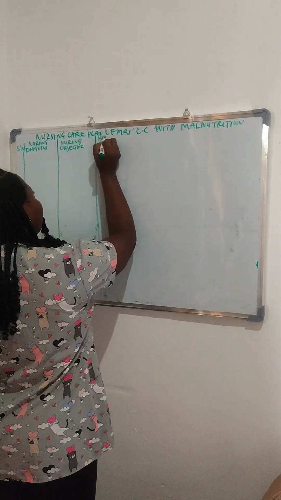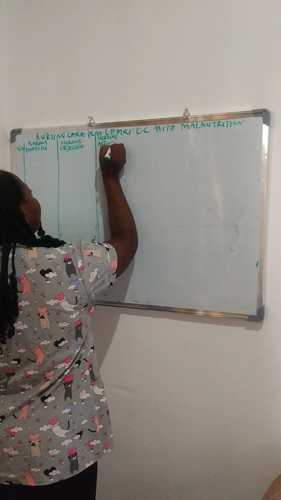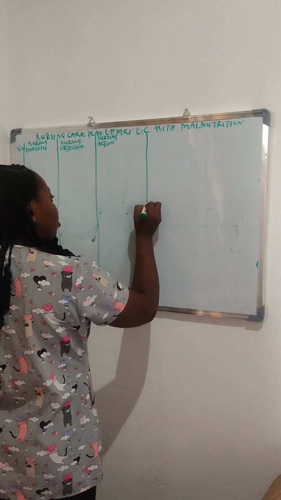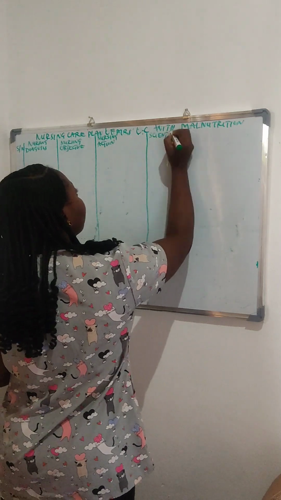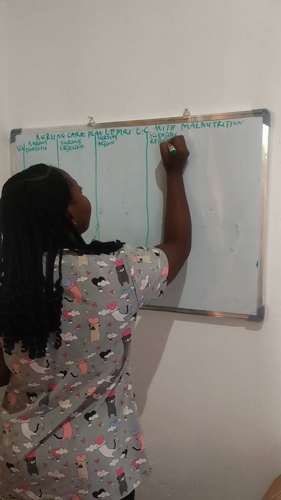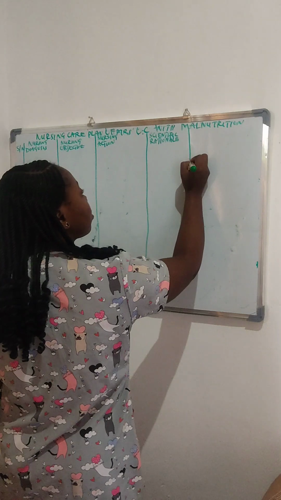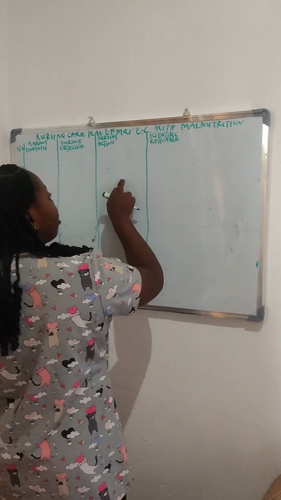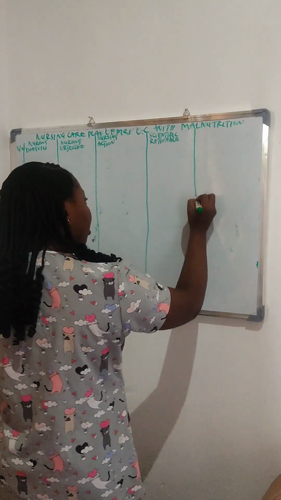Nursing action or nursing intervention. You drag it. Scientific rationale. You drag it. My scientific rationale is too small. The nursing action and scientific rationale are supposed to be bigger than every other one.